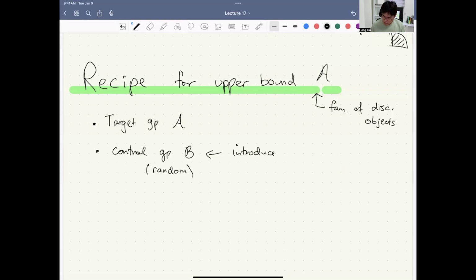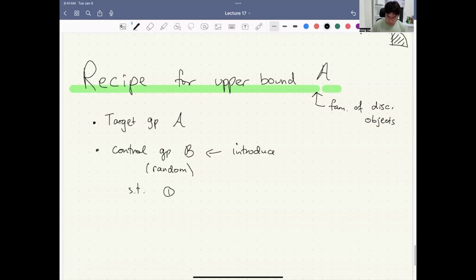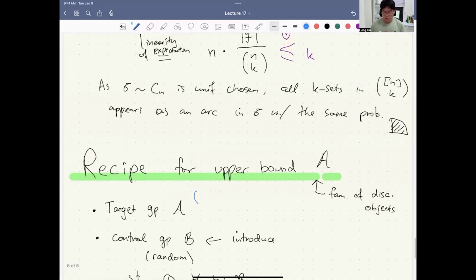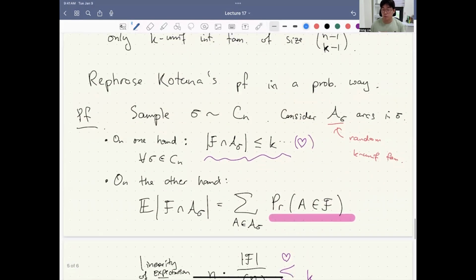We're going to choose B with what property? First of all, for any elements in our control group B, I should probably pair this recipe up with this proof here.